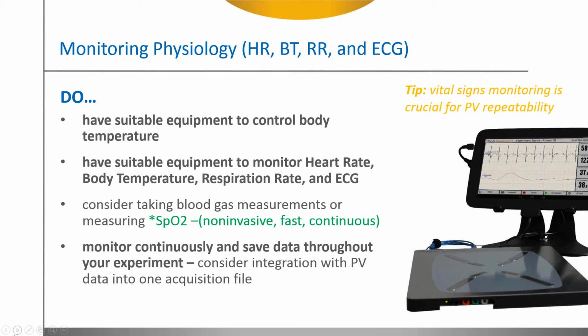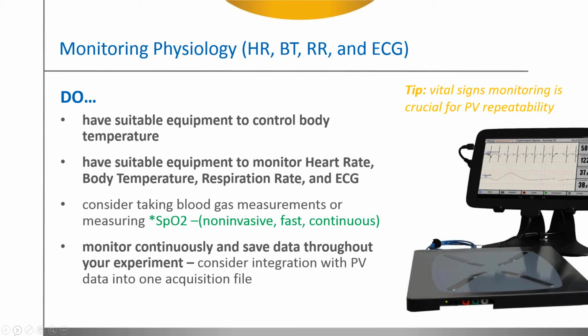There's a complete solution on the market, like the system on the right side of that slide. It's called Mouse Monitor S. This monitor displays core temperature, heart rate, for example, breath rate, blood oxygenation, ECG, respiration, and plethysmography waveforms.